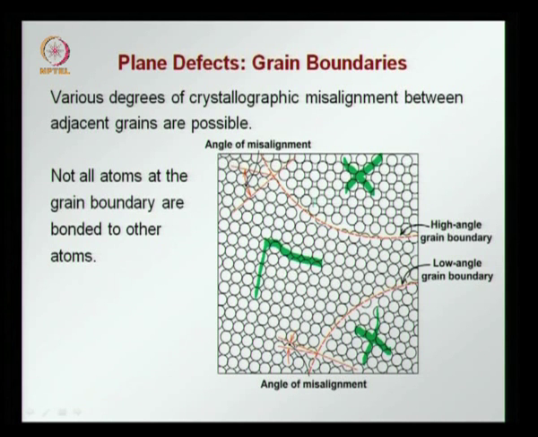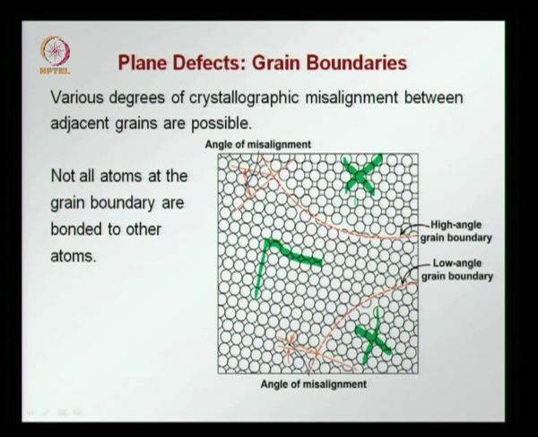much more than 180 degrees here. You see that there is a big angle here, and therefore along this grain boundary there are more gaps between the atoms, and there is a lot of discontinuity here. So this increases the energy at the grain boundary.